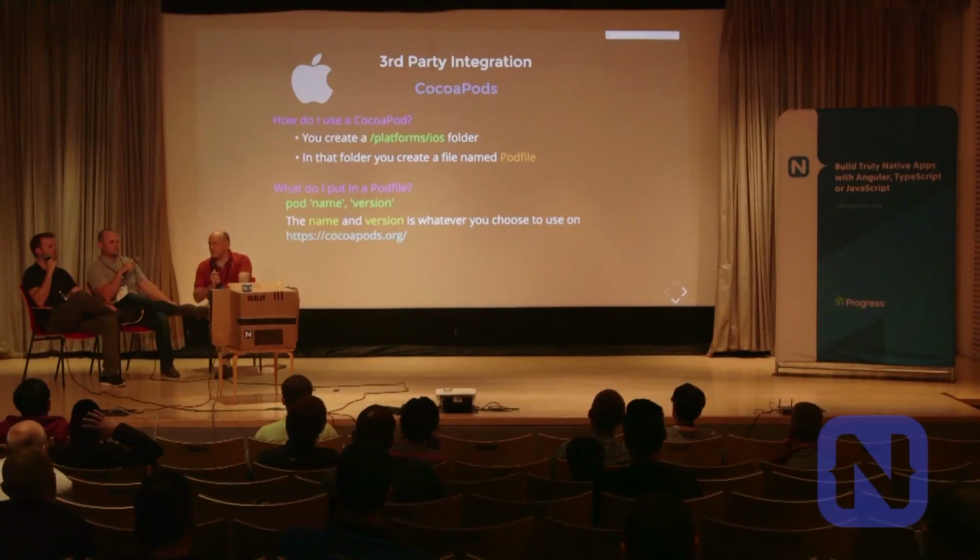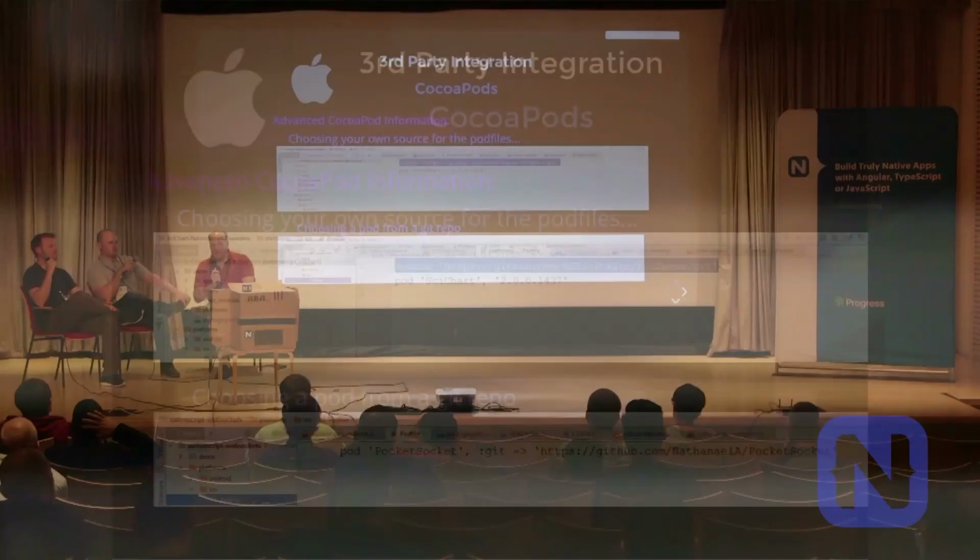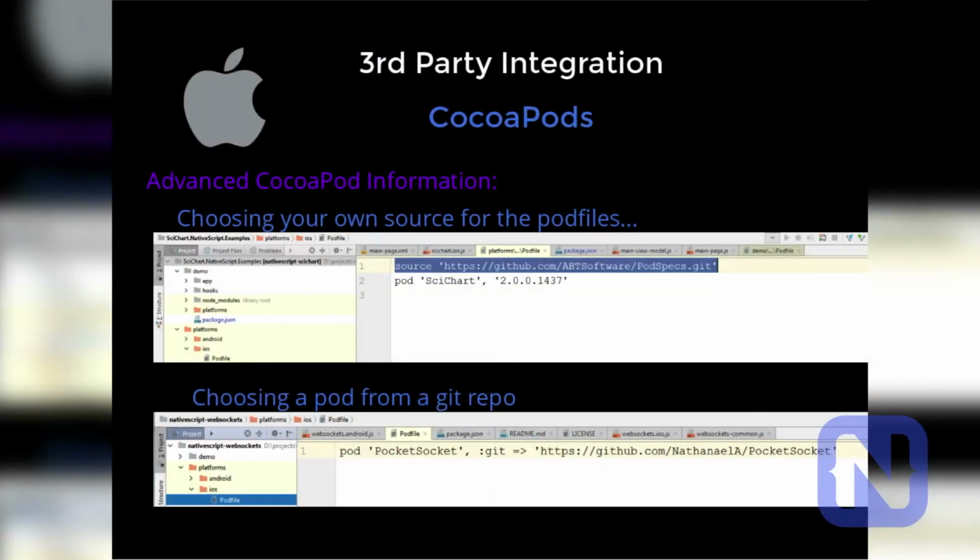Sometimes they'll release a version and then they'll release the next version, which is real buggy. And so if you hard code it to a particular version, then you can continue working. And you can choose whatever versions. In this case, I'm also showing you how to do Git, where the first line is how you can actually choose where the repo is.